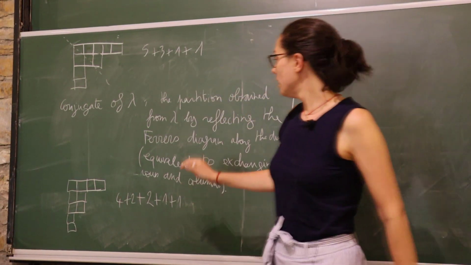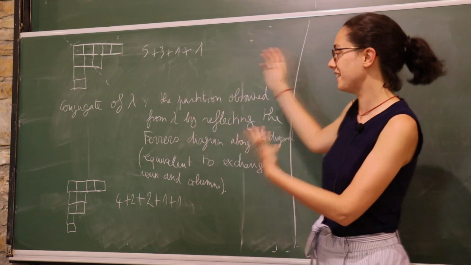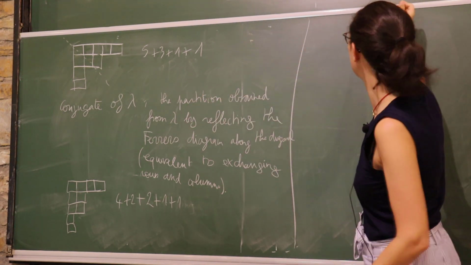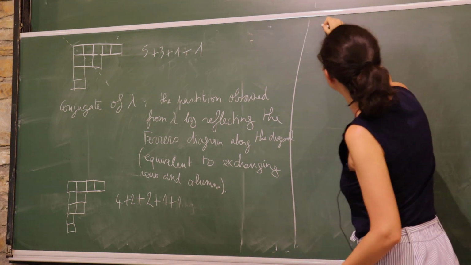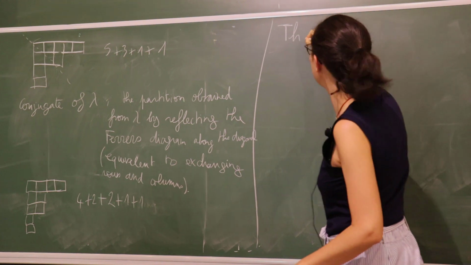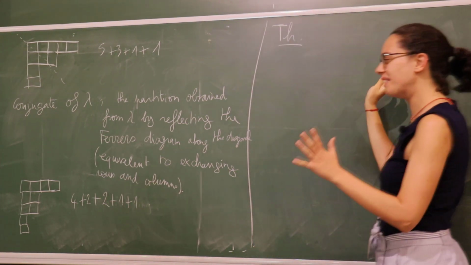Okay. And so by just having this simple fact, you can do an extremely simple bijection of the following partition identity. Well, I will put theorem, but it's probably the least deep partition identity I know. Nonetheless, theorem.